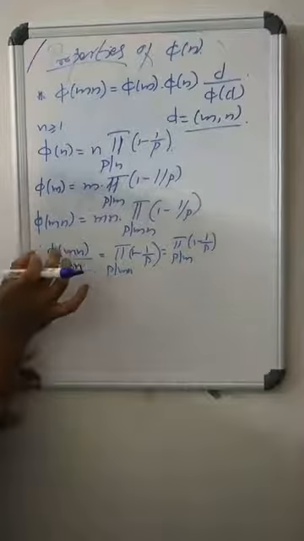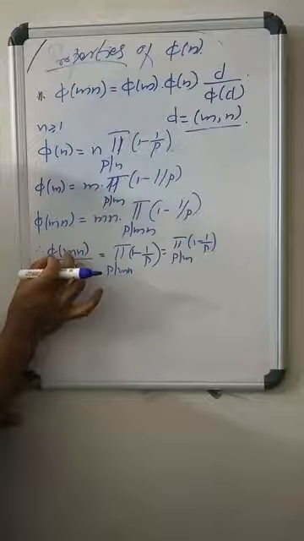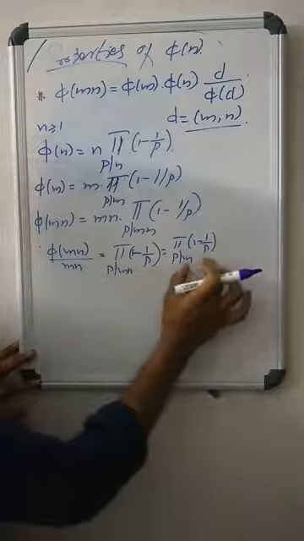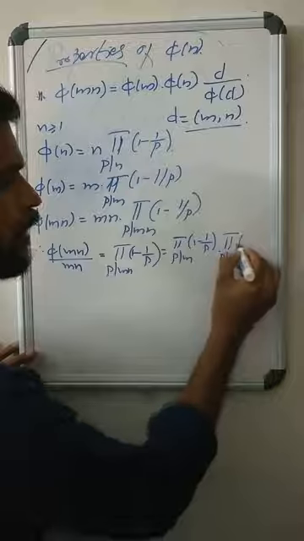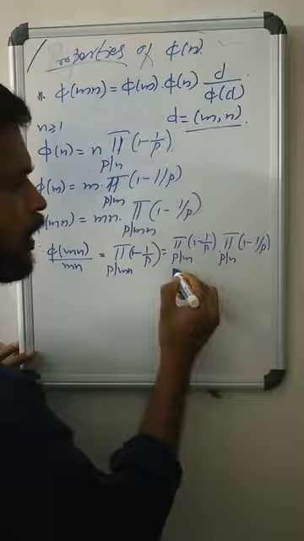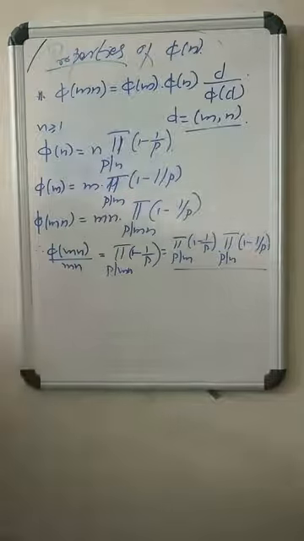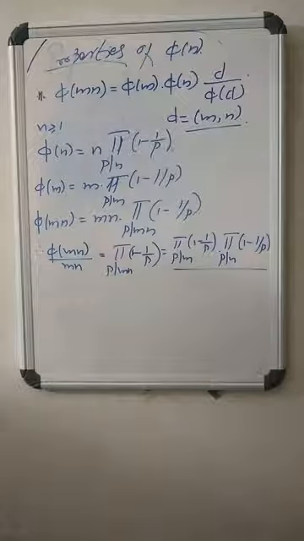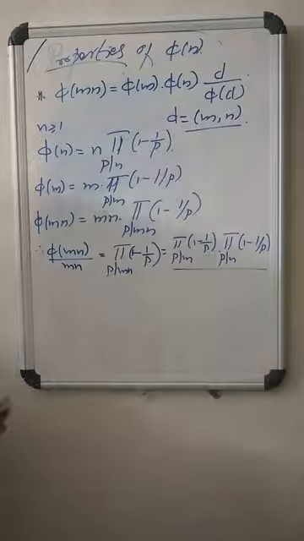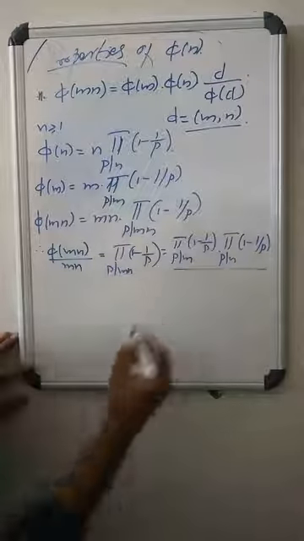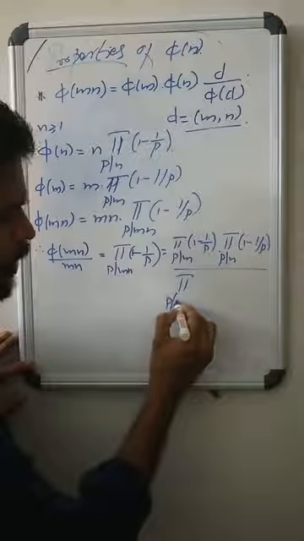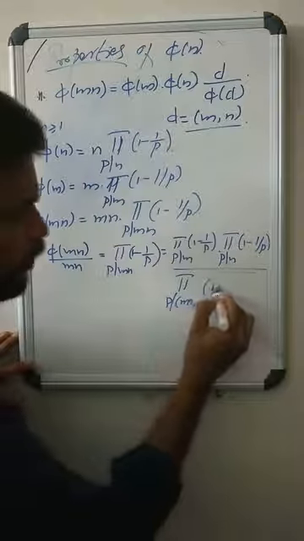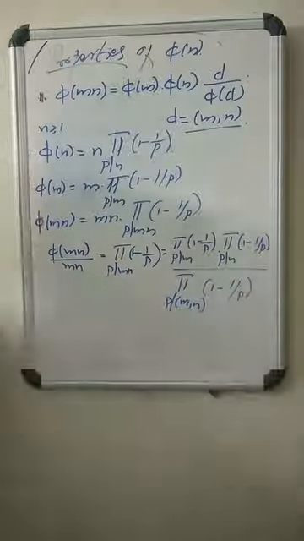Why? Because if a prime p divides mn, either it divides m or it divides n.